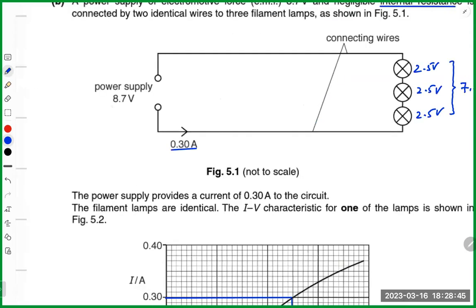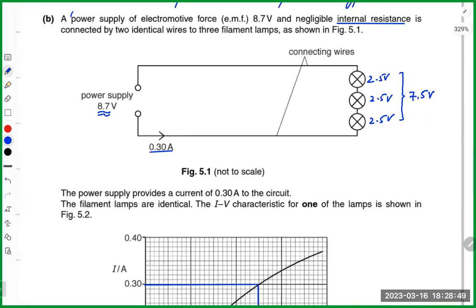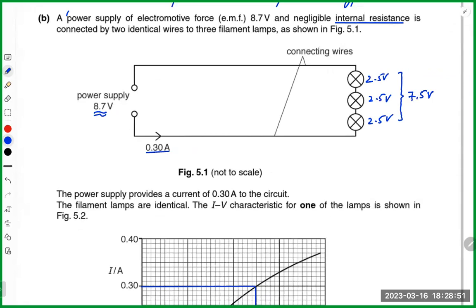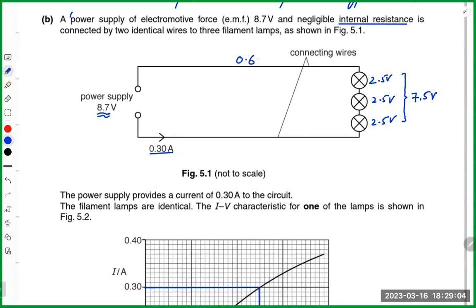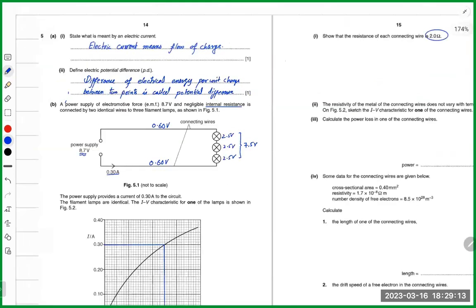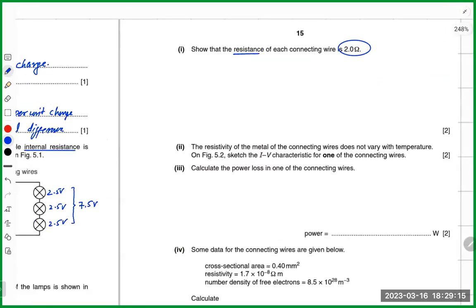And how much is the power supply providing? 8.7 volt. It means the remaining voltage is consumed by the wires. 1.2 volt altogether. So 0.6 volt for this one and 0.6 volt for this one. The question is about each one's resistance.